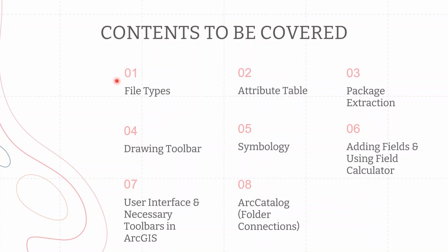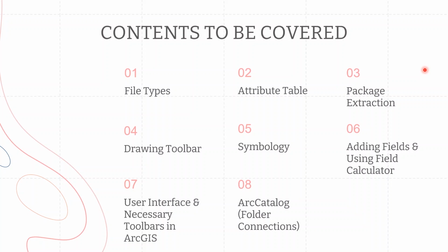First, we will learn about the file types, then the attribute table, then the package extraction, drawing toolbar, symbology, then we will move to adding fields and using the field calculator, then we'll learn about the interface and necessary toolbars in ArcGIS, and we'll obviously learn about the Arc catalog that will help us to make folder connections. Now that we know the contents, let's jump to the main lesson.